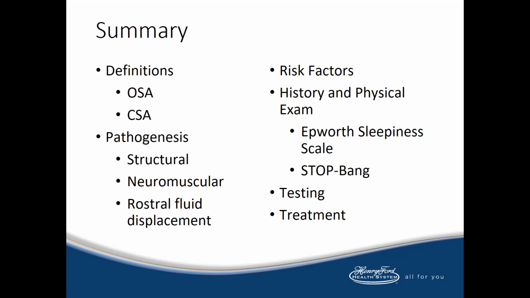There are several risk factors for sleep apnea, and then we talked about the history and physical exam, mainly your upper airway exam, and your associated symptoms of snoring, gasping, choking, and waking unrefreshed, and your Epworth and STOP-BANG criteria to help evaluate their risk of having these syndromes, and then we went over testing and treatments.